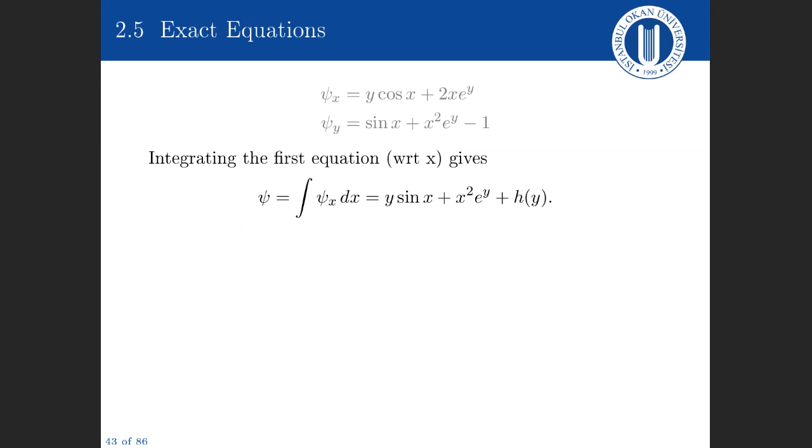Now, when we integrate with just one variable involved, we would have a plus constant on the end. But if we have two variables, when we do our integration, we have to add on a function of the other variable. Because I'm integrating with respect to x, the function that I add on must be a function of y.